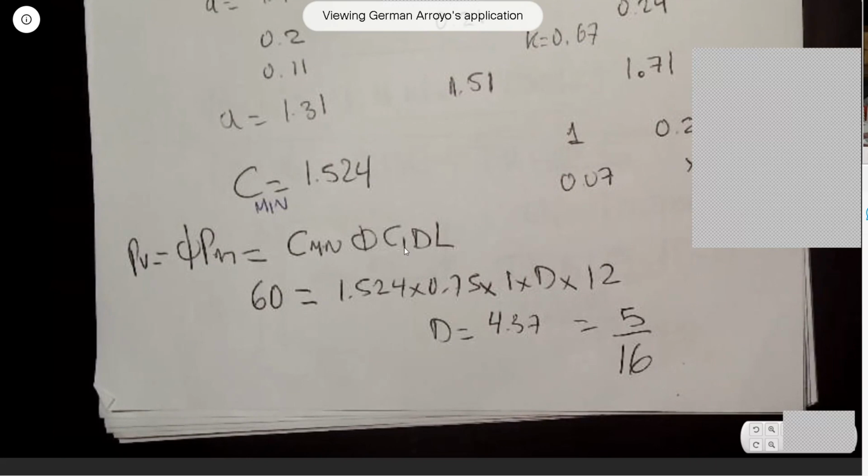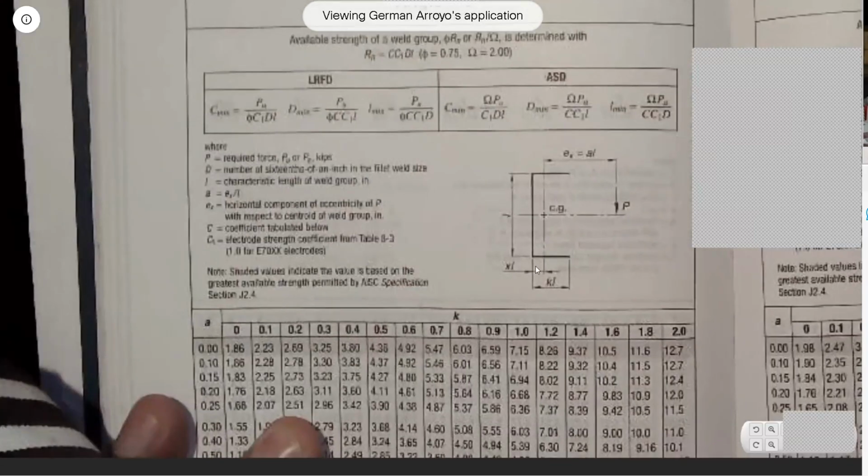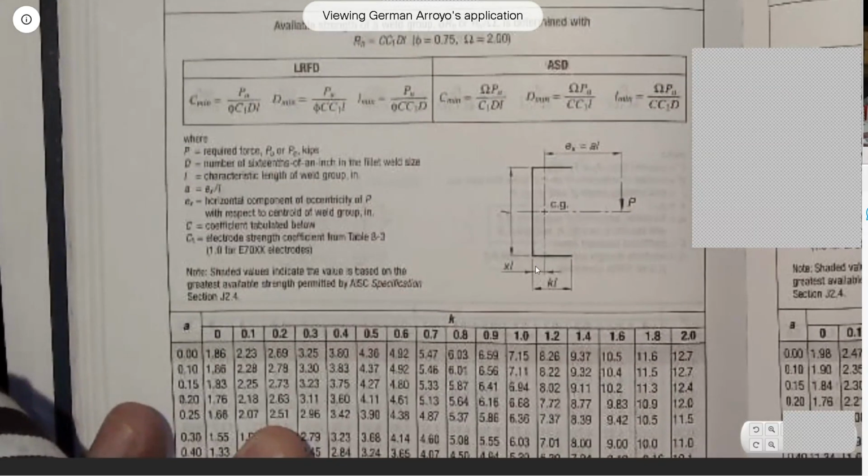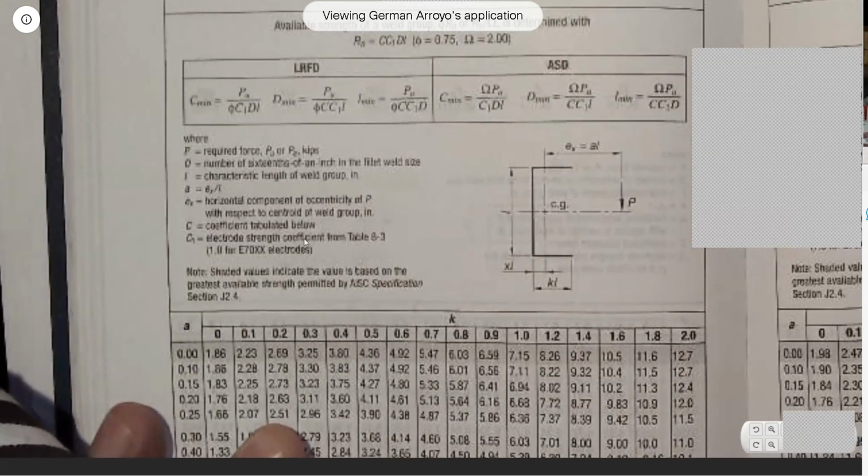And D is the size of the well in inches. So you can see from here, the C1 for 70 is equal to 1, and D is the number of 16ths of an inch for the size of the well.